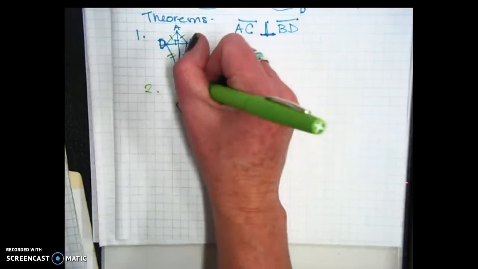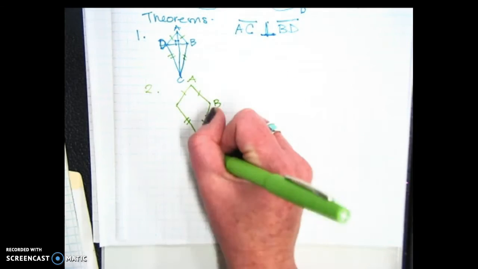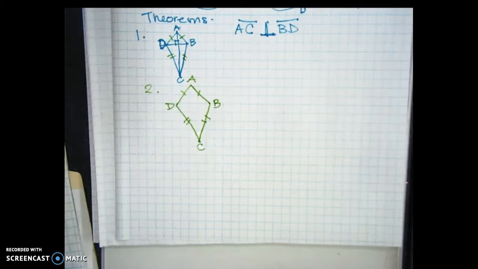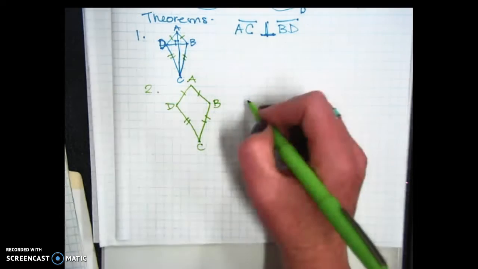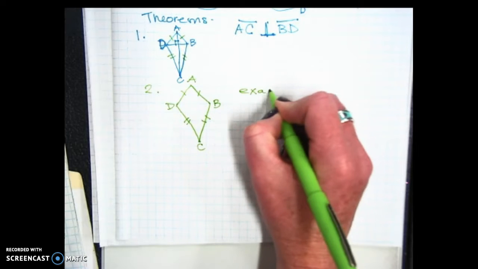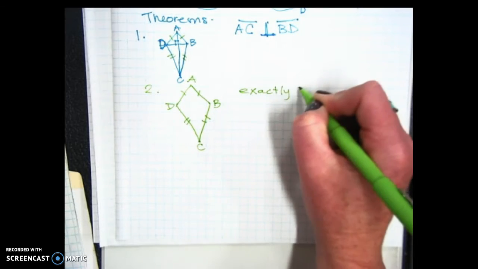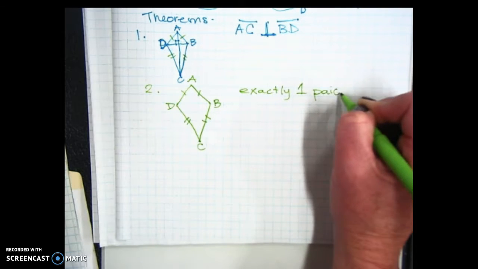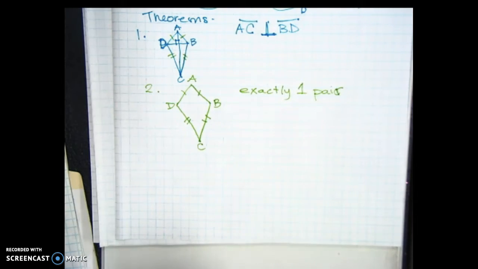And if we labeled it again A, B, C, D, you're going to have exactly one pair of opposite angles.